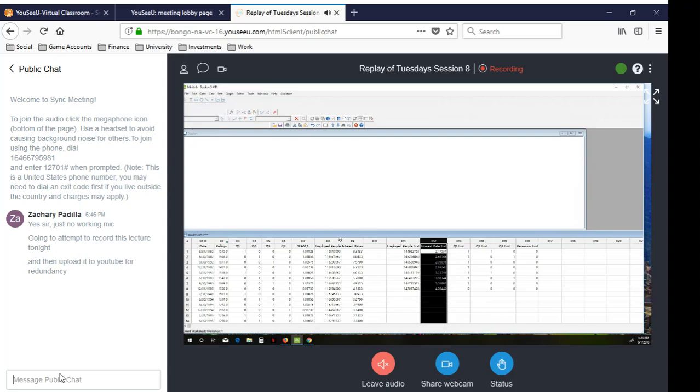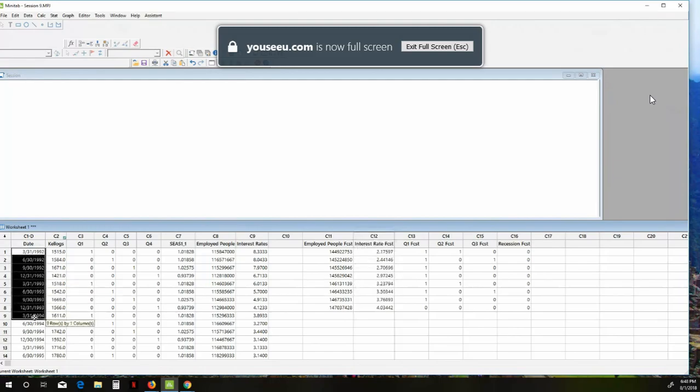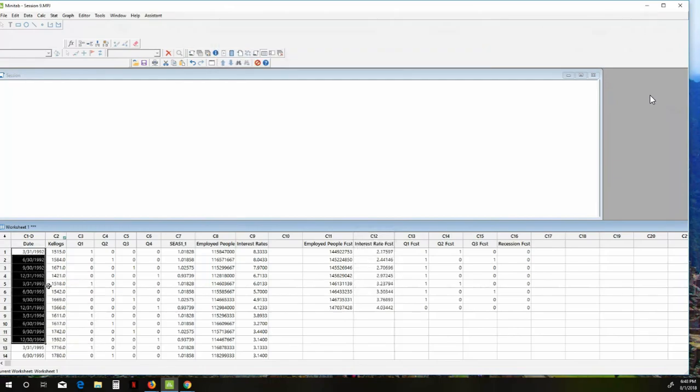So let's start with the fact that we can record events relative to this time series. They don't have to have continuous numerical values like the Y variable for Kellogg's revenue or the employed people, for instance, of the fourth quarter of 1992.